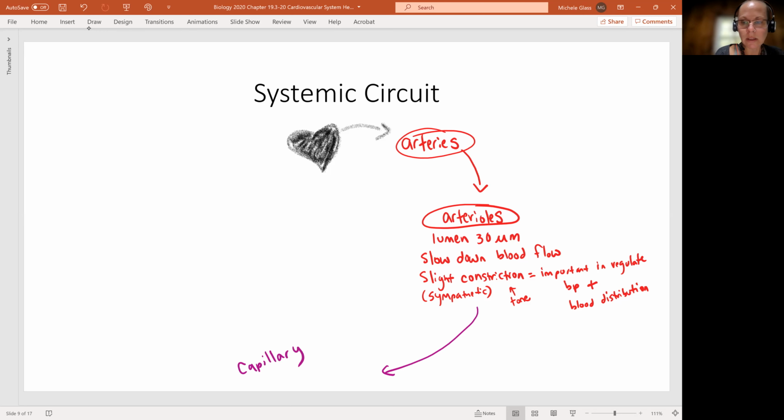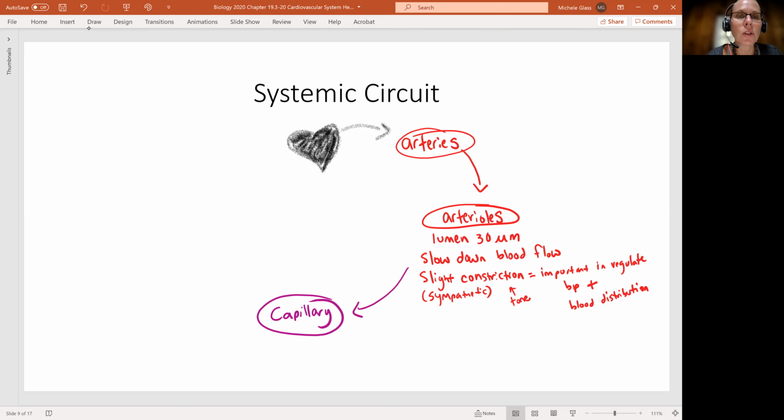Now we're going to see that there are 3 different types of capillaries. And so we're going to talk about those in a lot more detail, actually, in their own video.